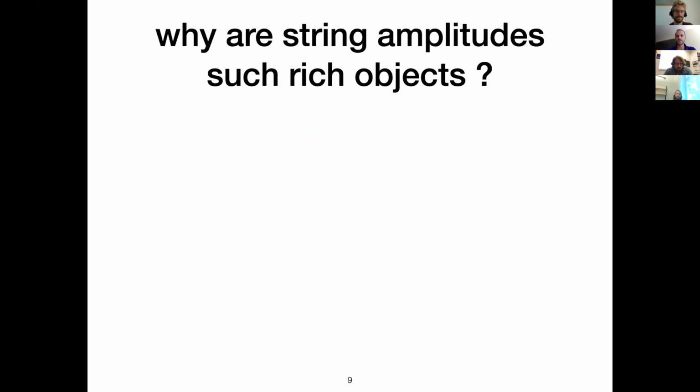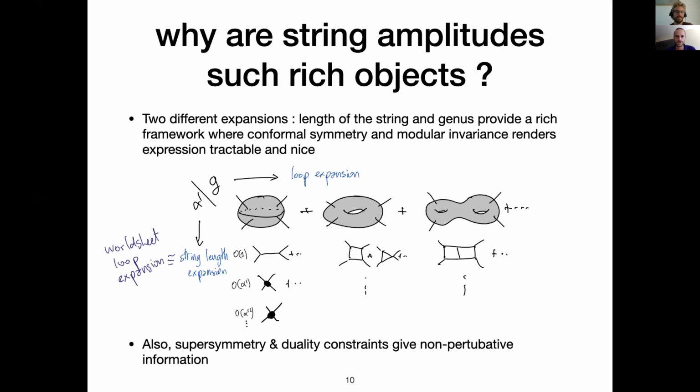Some general comments. First off, why are we doing this? It turns out that string amplitudes are extremely rich objects, and working to understand their structure has proven in the past to be a very fruitful operation that outsourced many results in many different directions. One of the reasons why strings have such a nice structure is because they have two different expansions.